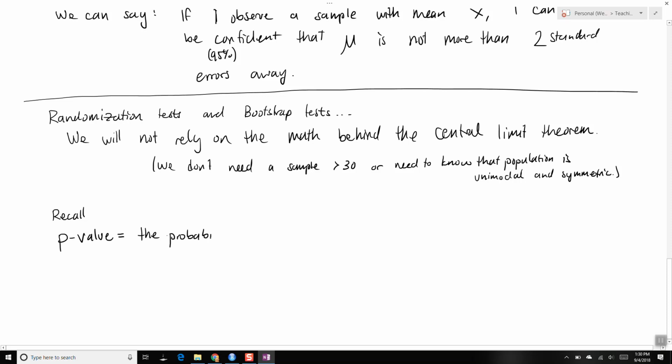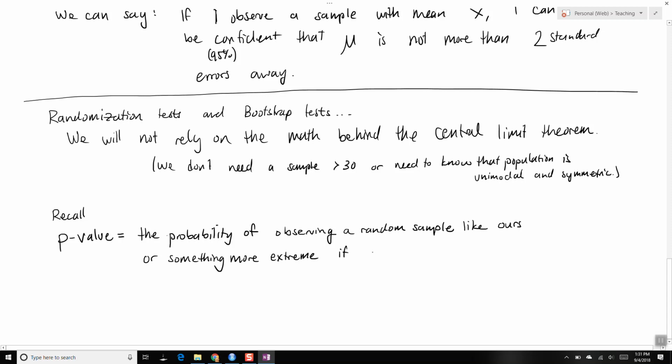It's the probability of observing a random sample like ours, or something more extreme, if we assume that the null hypothesis were true.